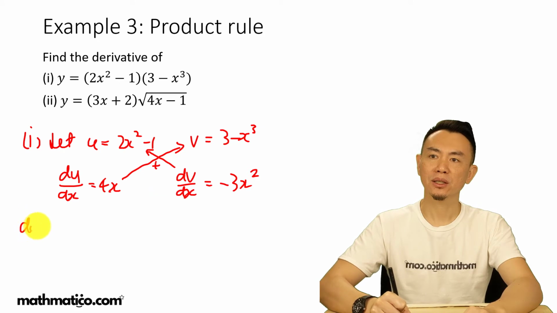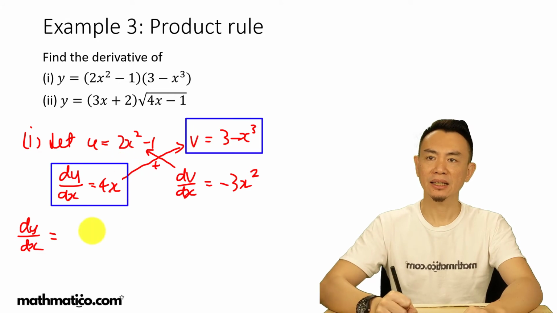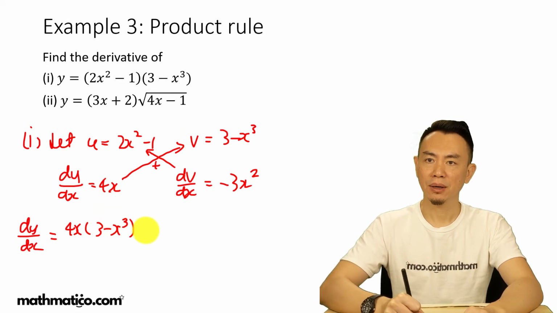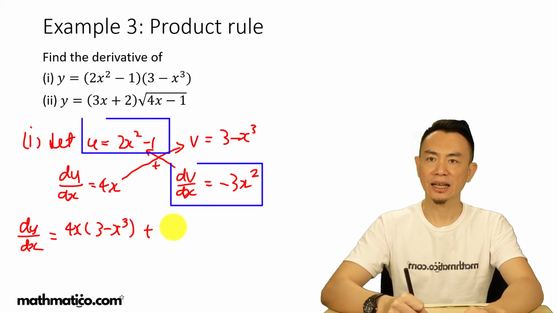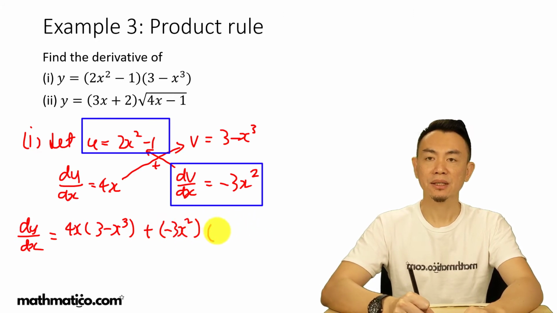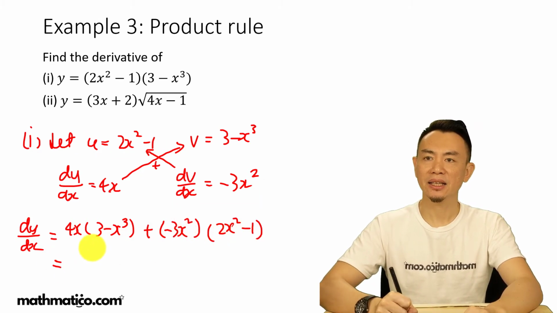So next, we're going to do the dy dx, which is equals to, differentiate the first times second, you have 4x times 3 minus x cubed plus, differentiate the second is negative 3x squared times the first, 2x squared minus 1. Alright, now we just expand and simplify.